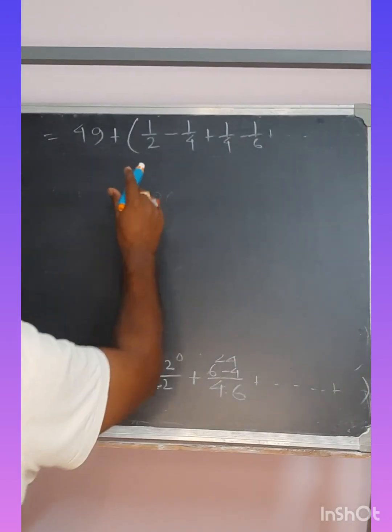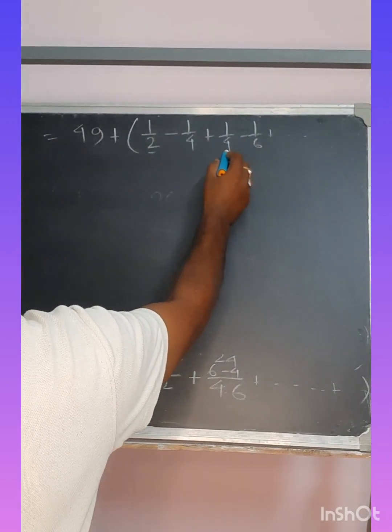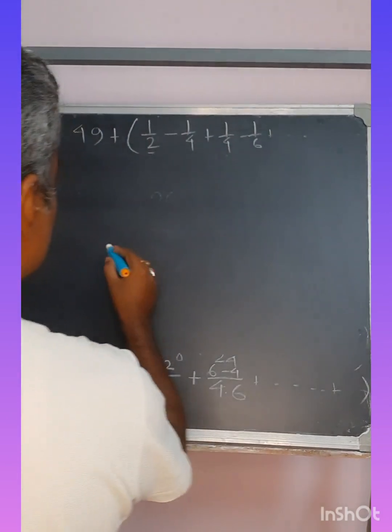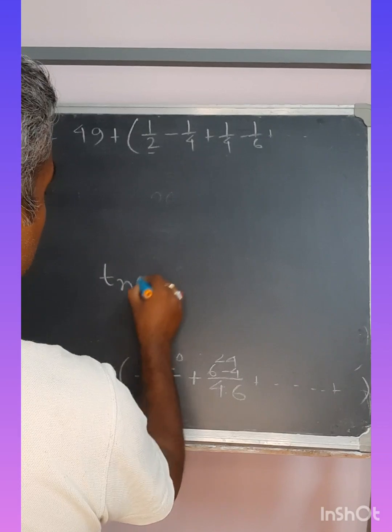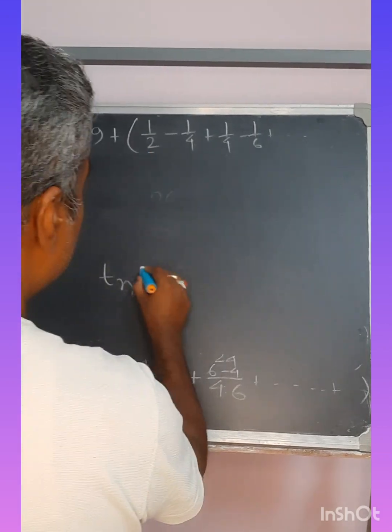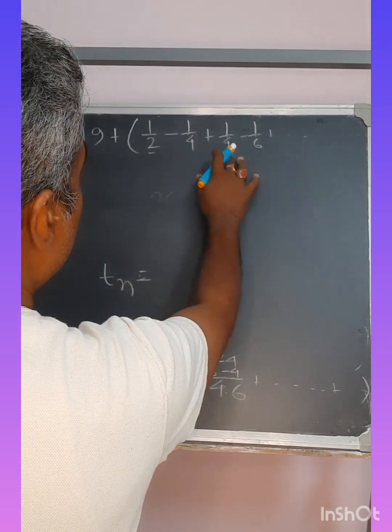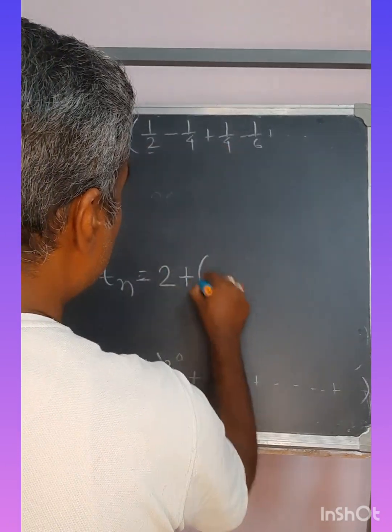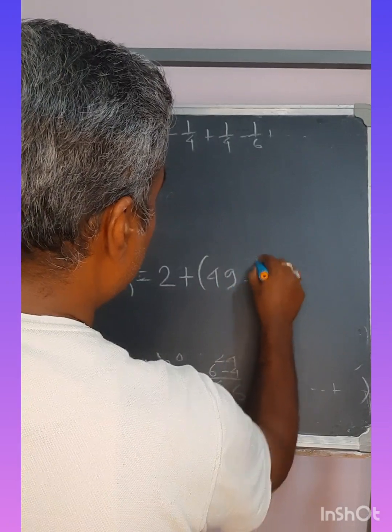How do I find it? Because it is starting with 2, 4, this has 49 steps. So if I calculate the nth term of that, in this case also this is an AP series, so here also the difference is 2. 2 plus 49 minus 1 into 2.